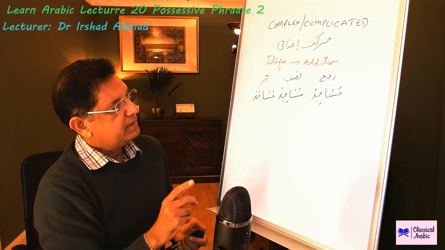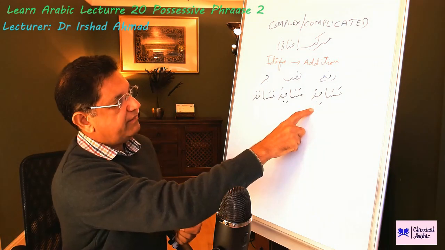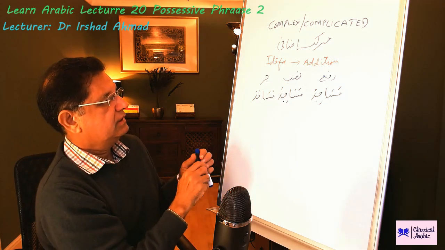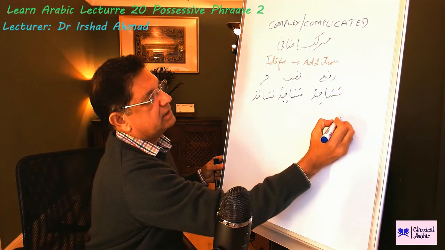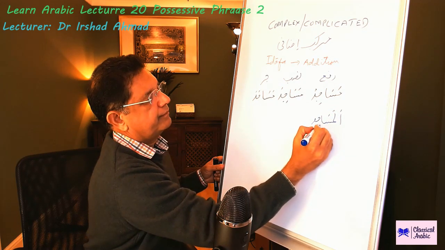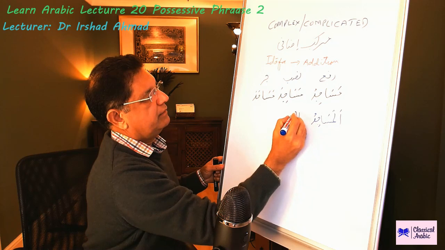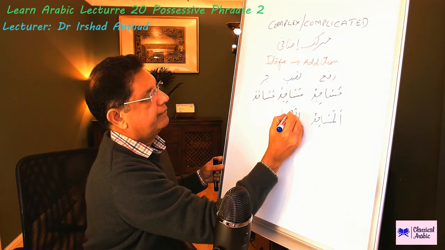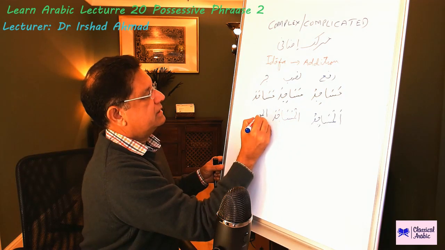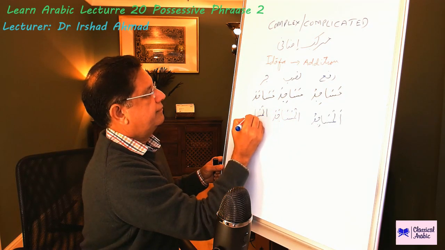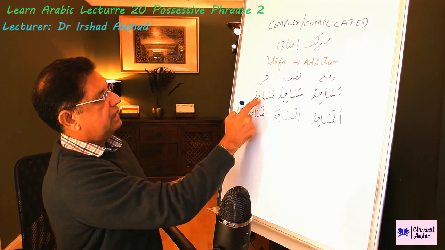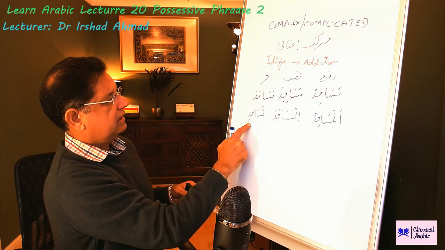But what happens when we add al to it and make it definite? Then in Jar it does take Kasra. So we'll say al masajidu, al masajida, and this will now become al masajidi. Because of al, it has accepted kasra.